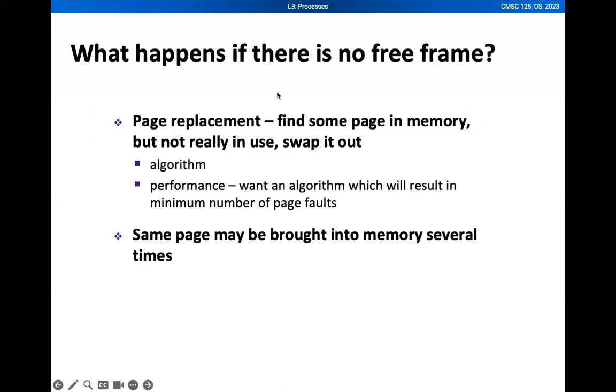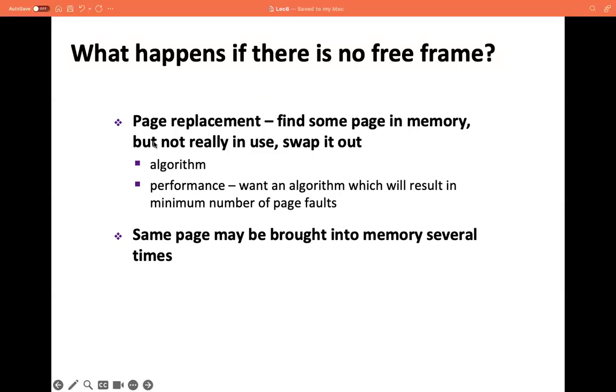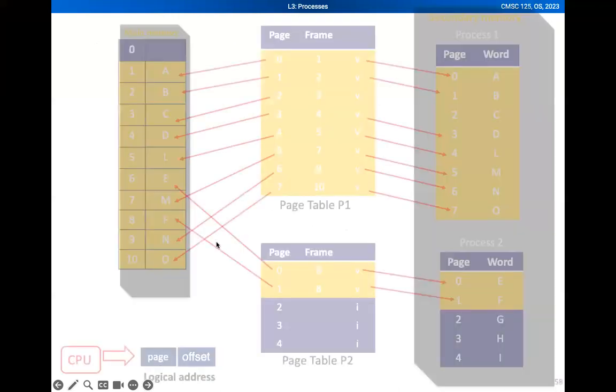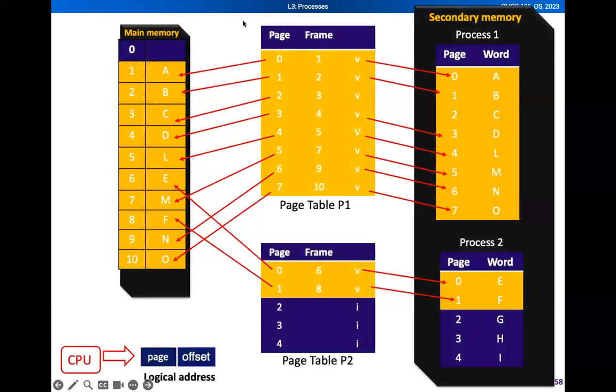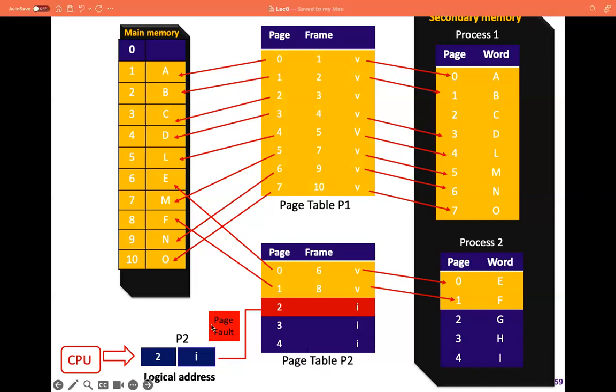Before we discuss these page replacement algorithms, let us first discuss what happens in page replacement. As I mentioned earlier, let's say the CPU wants to access some page. Let's say it tries to access page 2 of process 2. But we can see that it is invalid, so a page fault happens.